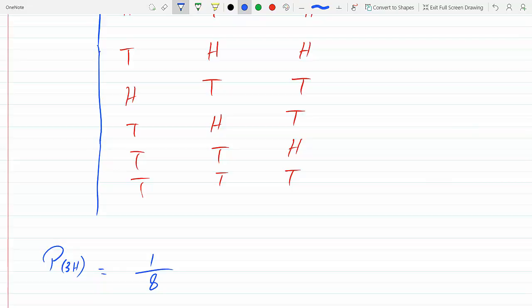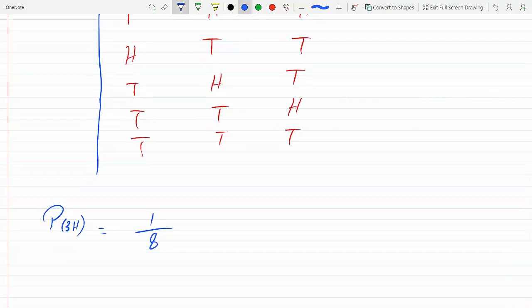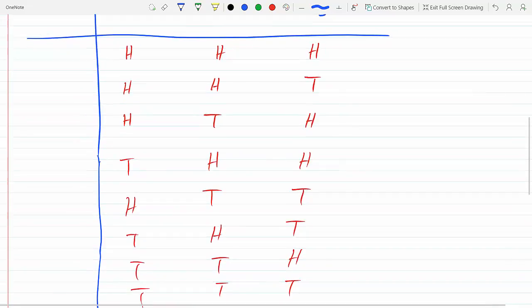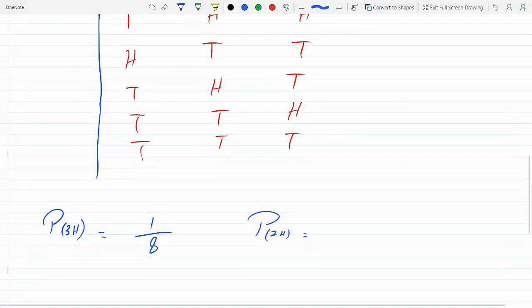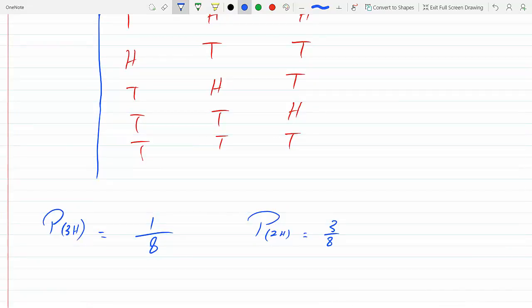We could ask, what's the probability of getting 2 heads? We can count the cases that have 2 heads, and we could see that there's 3 cases out of 8. So that's 3 out of 8. And so on, of course, assuming that the coins are fair and each outcome is equally probable.